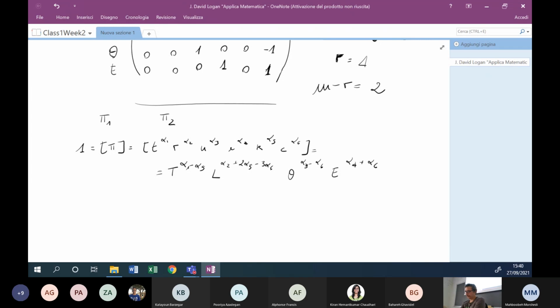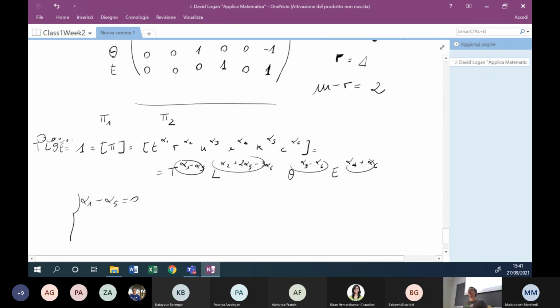What should I do? Well, 1 corresponds to t to the power 0, L to the power 0, theta to the power 0, e to the power 0. So the exponent of t on the left hand side and on the right hand side must be the same. So I must have alpha 1 minus alpha 5 equal to 0. Then the same for all the other exponents.